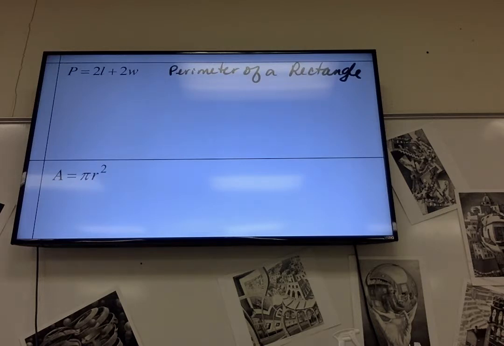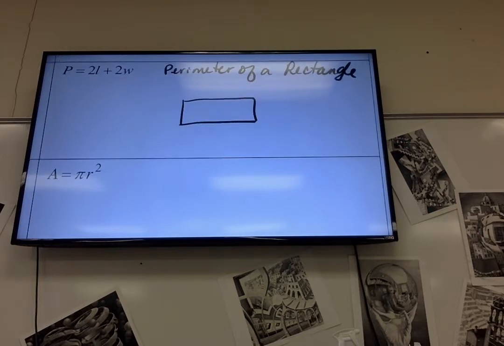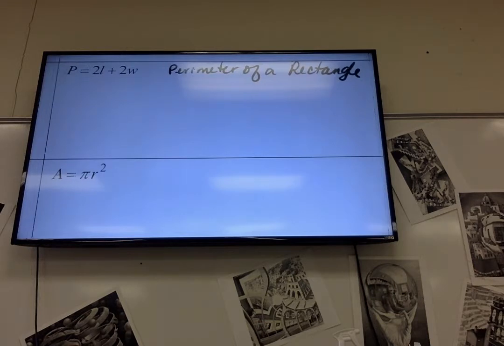Think about it. Here, this is a rectangle, but it's not a square. The whole point of a rectangle is that only 2 sides are equal, like 2 sets of equal sides.